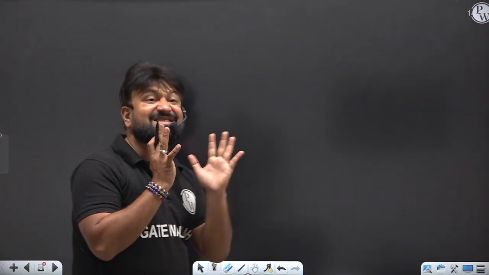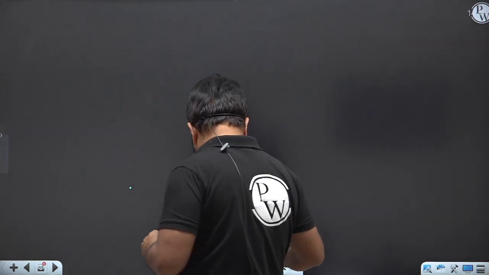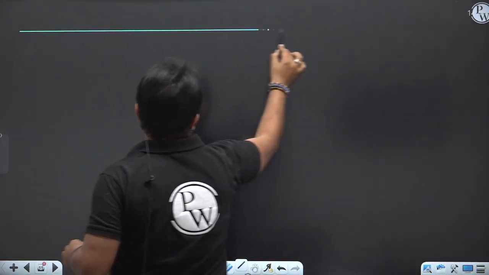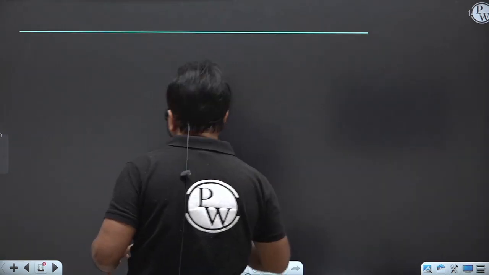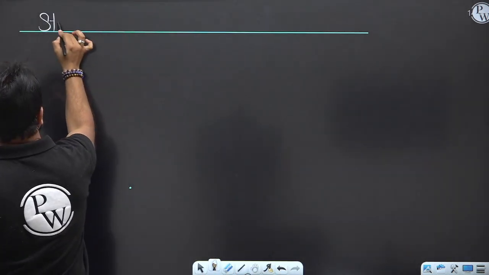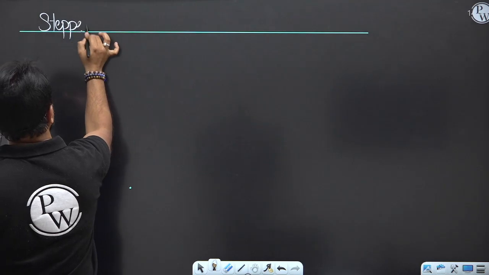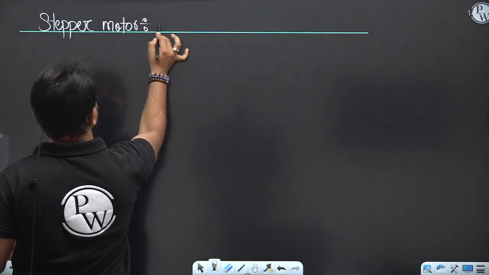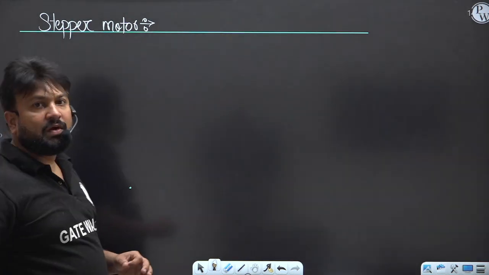Now let's discuss a very important concept, that is the stepper motor. A stepper motor is a very useful concept which I'm going to discuss here. So please see the concept of the stepper motor. What is a stepper motor?